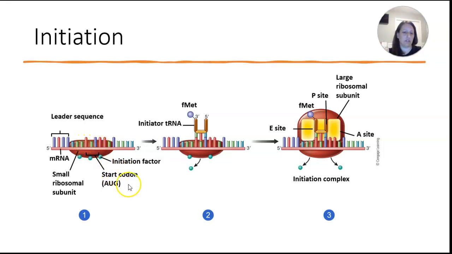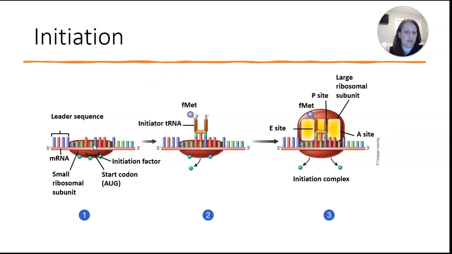That's the universal start codon. Upstream from the start codon will be something called the leader sequence. In prokaryotes, this leader sequence is going to help the small ribosomal subunit find the start codon, find the gene.